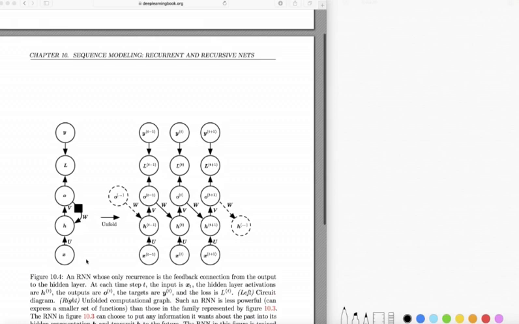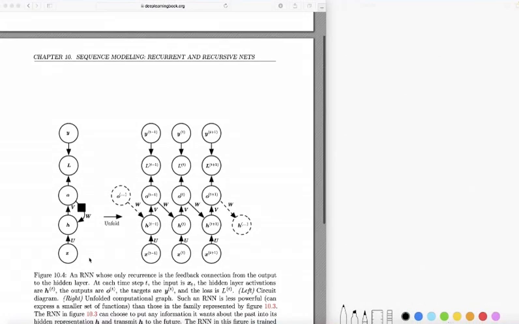So the gradient conventions used in this book are a little bit different from what I used in my handouts. So I'm just going to start by writing the gradient conventions that are used over here. Let me give you an example.